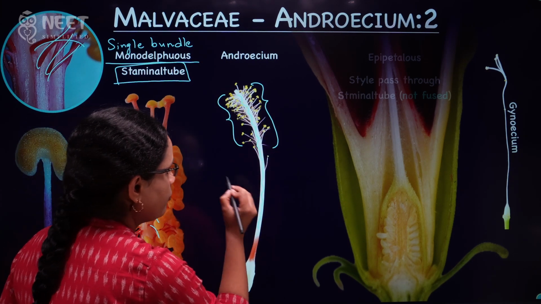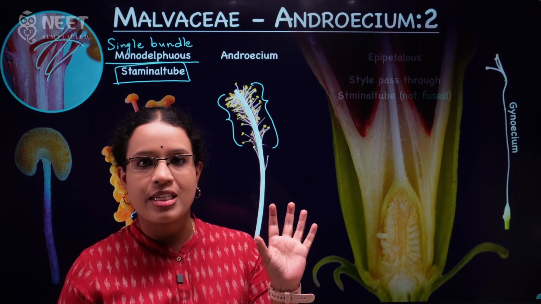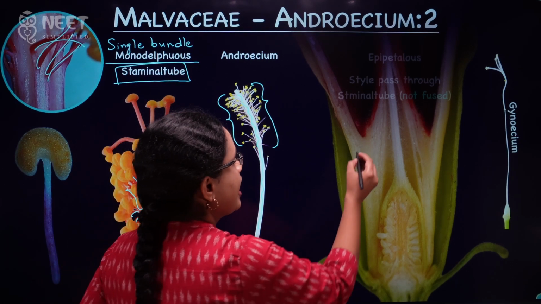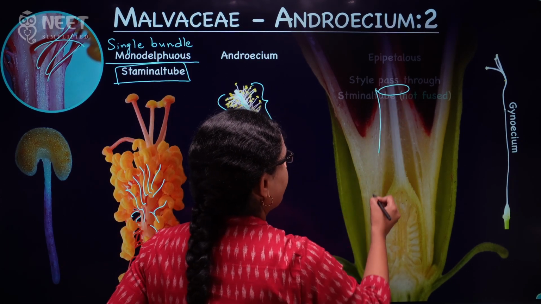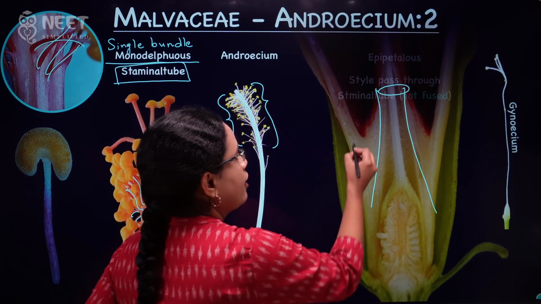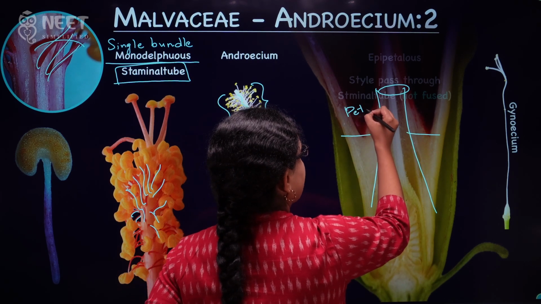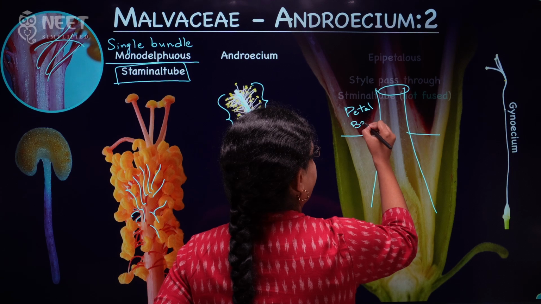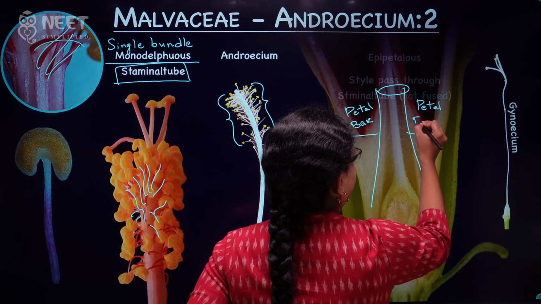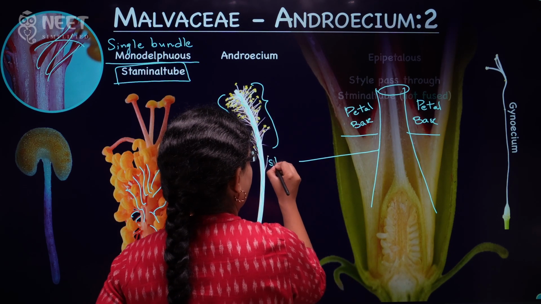long staminal tube. Now, as we have understood previously, we have discussed the basally adnate condition of the petals, and we have seen even the staminal tube in the longitudinal section. We have seen the basally adnate condition of the petals. So these are the petal bases, and this is our staminal tube.